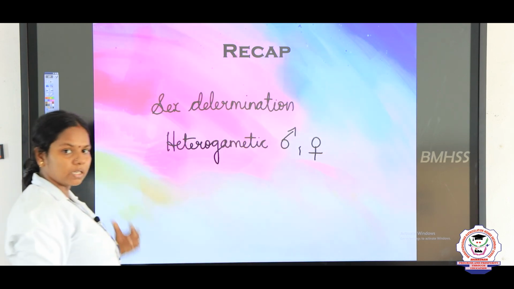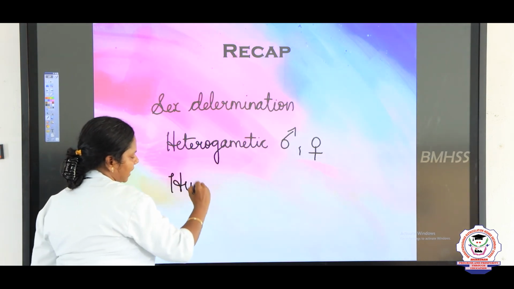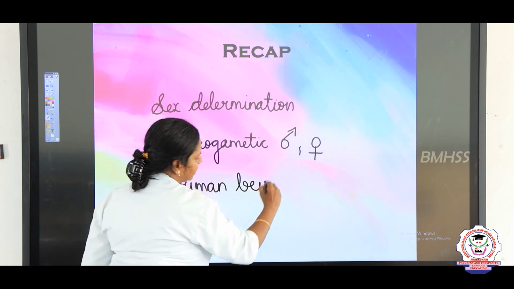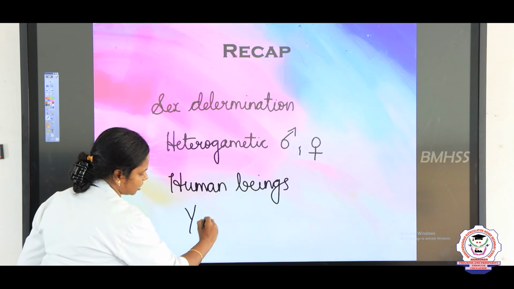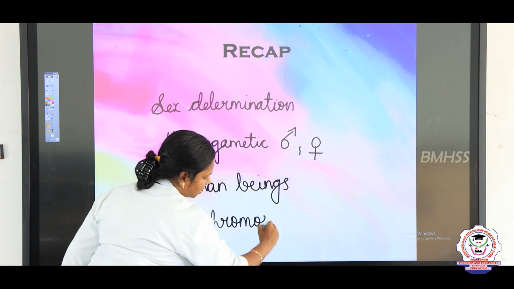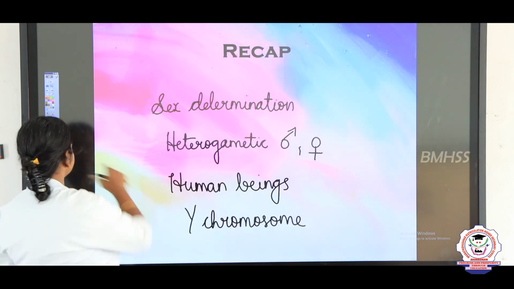And then we discussed how sex is determined in human beings, and next the structure of the Y chromosome and how the Y chromosome is responsible for forming the male sex.